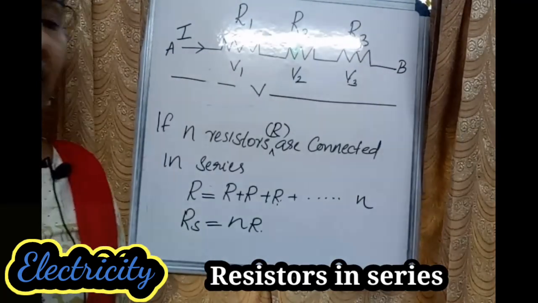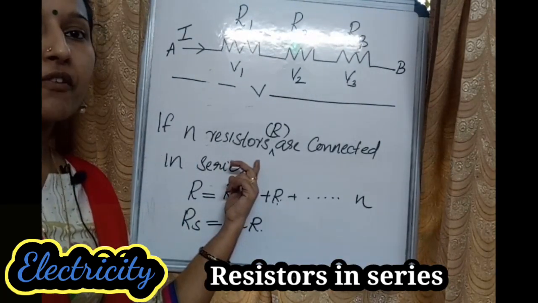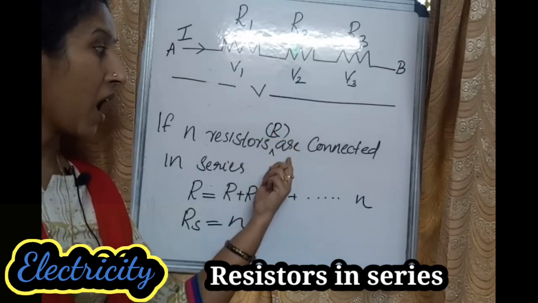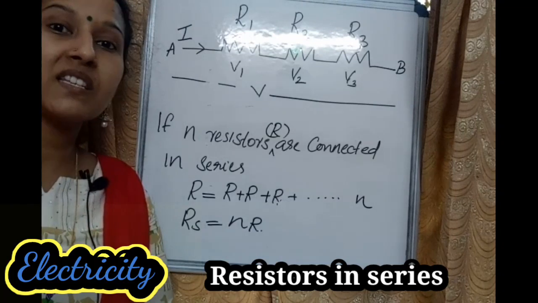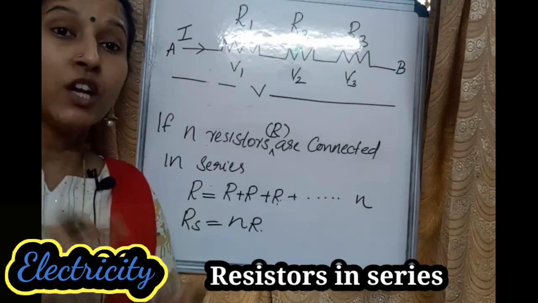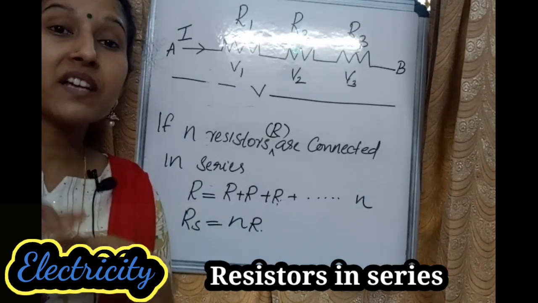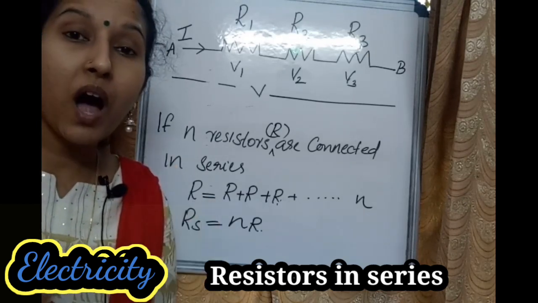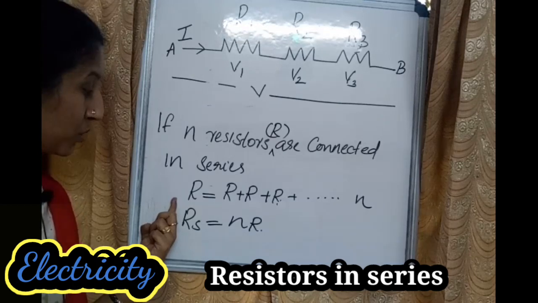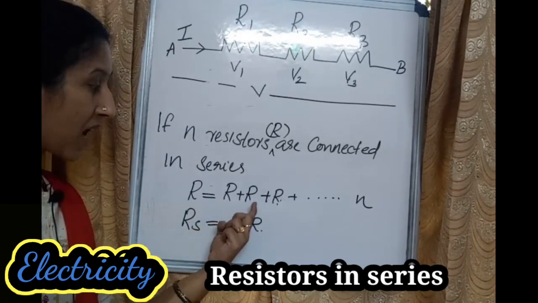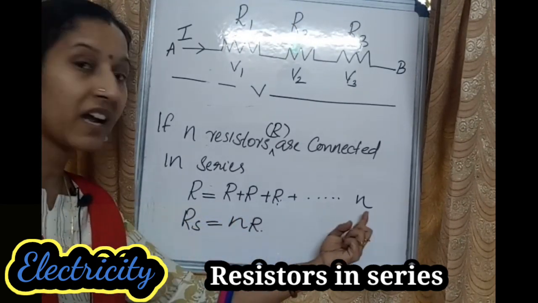Okay. If n resistors of each value are connected in series. I told you many resistors we can connect in series, right? So if n resistors of value R are connected in series, R equal to R plus R and so on. N means what?